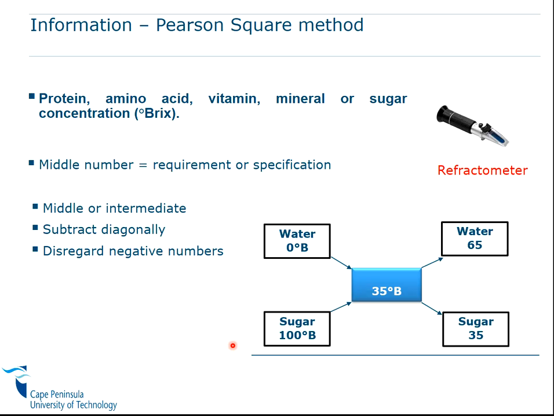So obviously, as students of mathematics, you'll be thinking, hey, what's happening? Are we not supposed to get a negative 35? If 0 minus 35, you're supposed to get negative 35. The principle of this method is that we disregard any negative numbers that are generated in this calculation. So in this case, we have a positive 35.